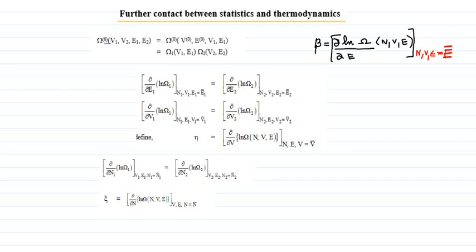We also studied the contact between statistics and thermodynamics through an example where you have two macrostates with different N, V and E, and these two macrostates are in thermal contact where N and V remain unchanged. There you found out that the energy transfer will continue until beta of all the macrostates becomes the same. So that was last day's class.